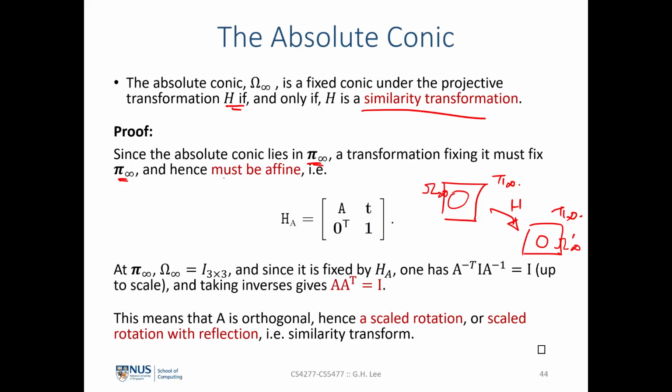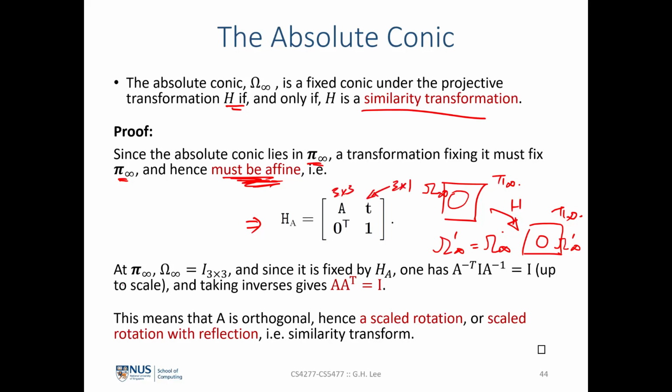Hence, for this transformation of omega infinity to remain the same, so that omega prime equals omega infinity itself, H must be an affine transformation in order for pi infinity to remain fixed. Hence, we can write this affine transformation as this, where A is a 3 by 3 matrix and t is a 3 by 1 vector.